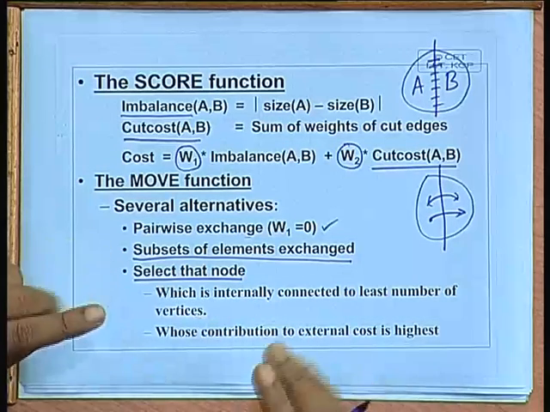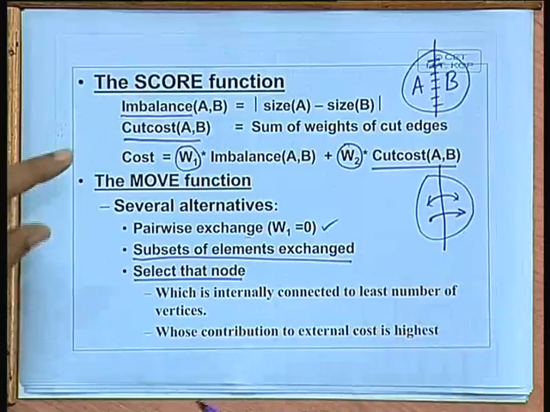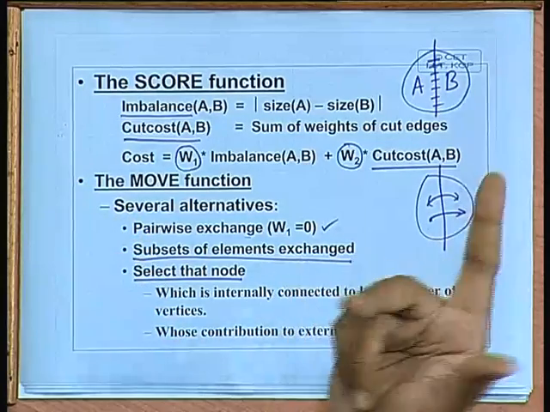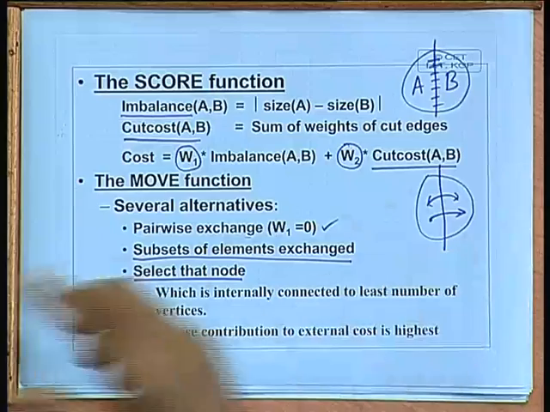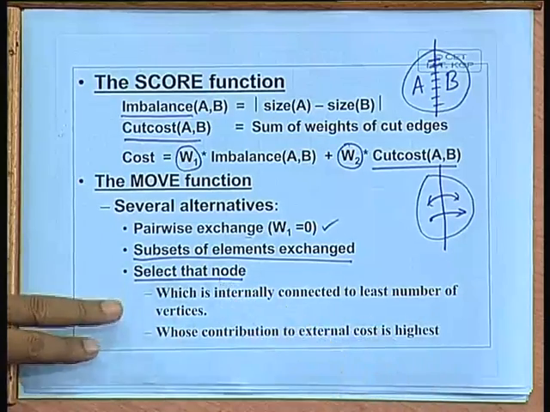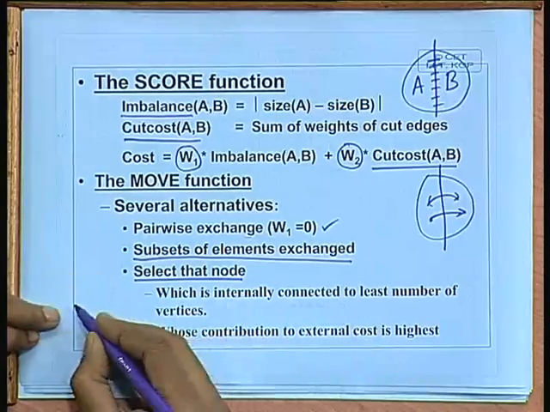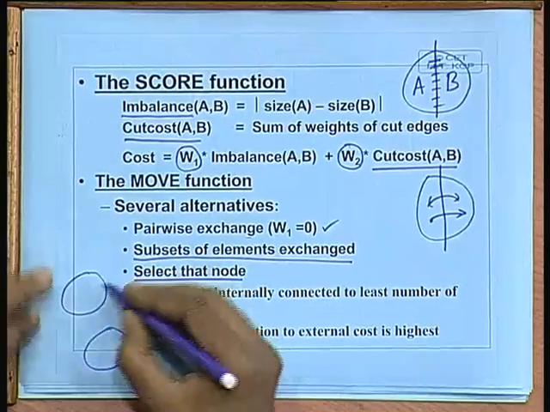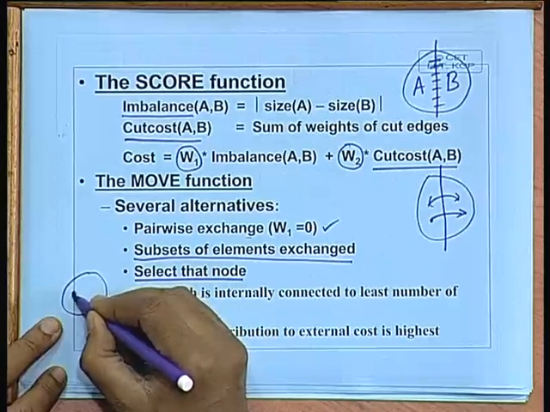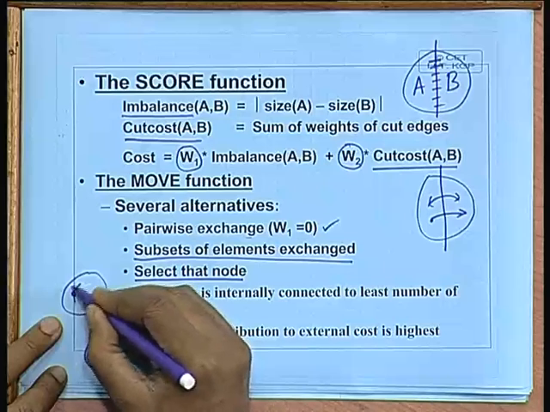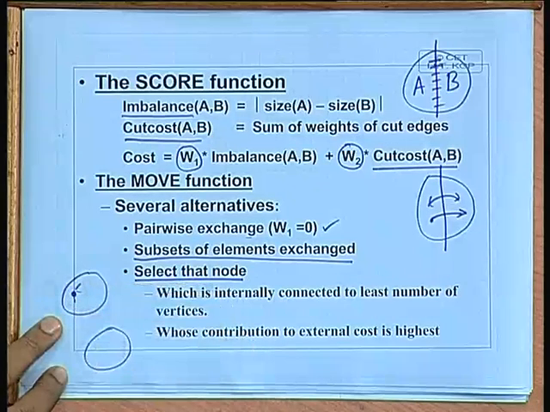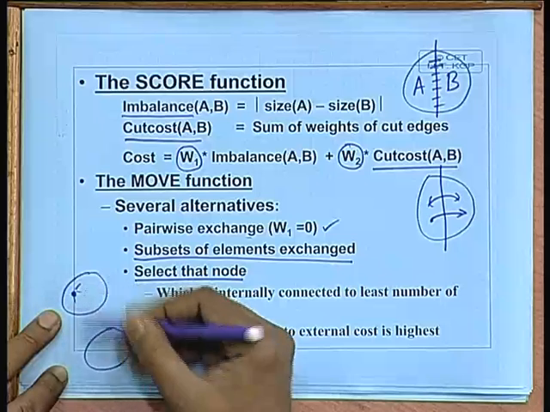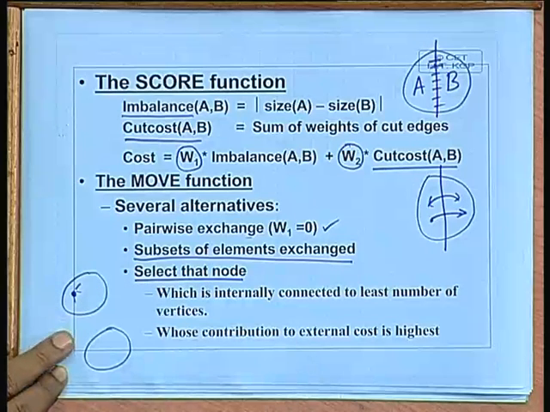The Kernighan-Lin algorithm spends a lot of time to evaluate the nodes which are the ones to exchange next. But you can make it slightly simpler. Suppose we have these 2 partitions. You can try to find a node inside a partition which is minimally connected to other nodes inside the same partition, which means this node really does not belong to this family, and you can take it to the other.